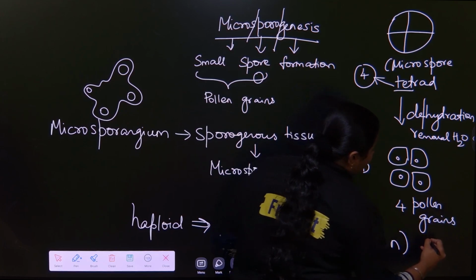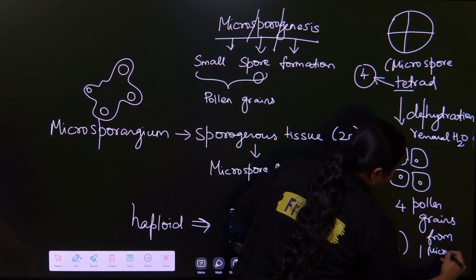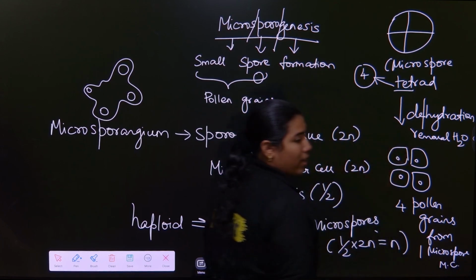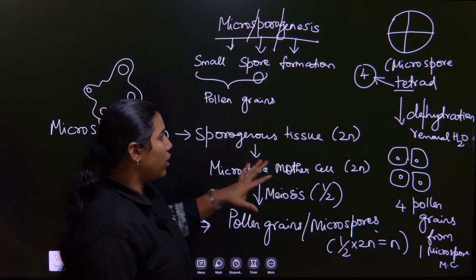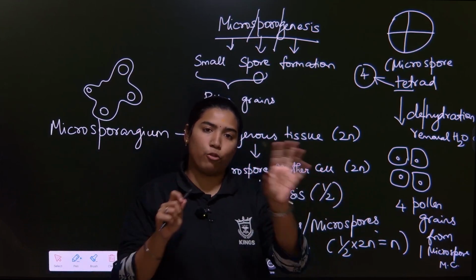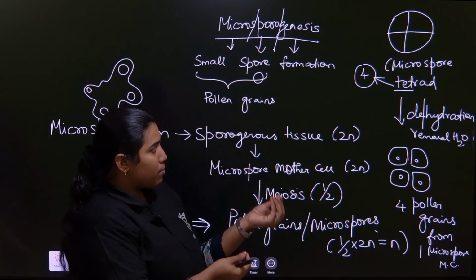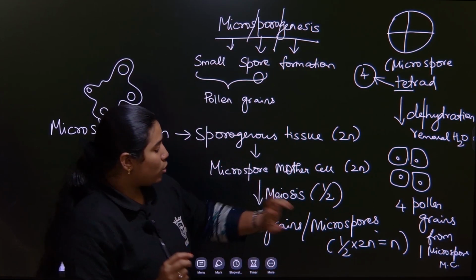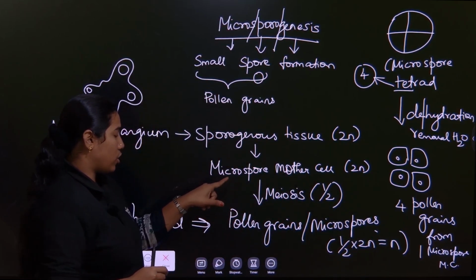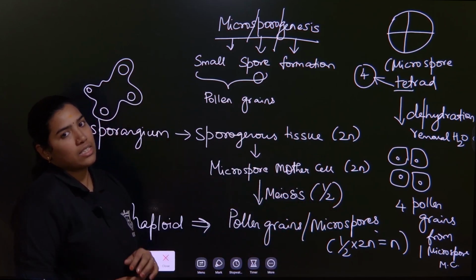Four pollen grains from one microspore mother cell, right? Are you able to understand? We have the microspore tetrad, and then water moves away and leaves the four friends separated, and we form individual microspores. So four pollen grains are formed from one microspore mother cell. Ploidy of the microspore mother cell is 2n, and the ploidy of microspores or pollen grains is n.